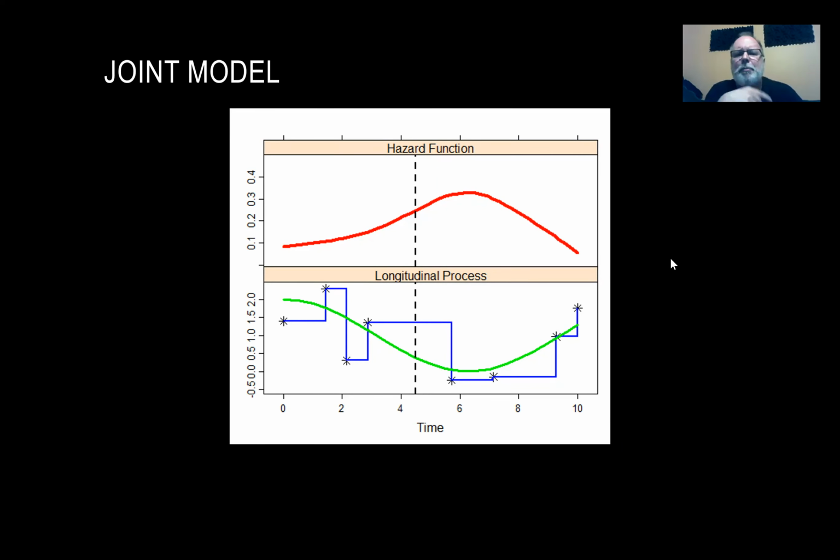You can see the upper part of this plot, the model generates, just like in a time to event Cox model, a hazard function. And at the bottom, you have this longitudinal process out of a mixed model, and they actually inform one another. The hazard function tells you how much dropout has affected that longitudinal process, and vice versa.